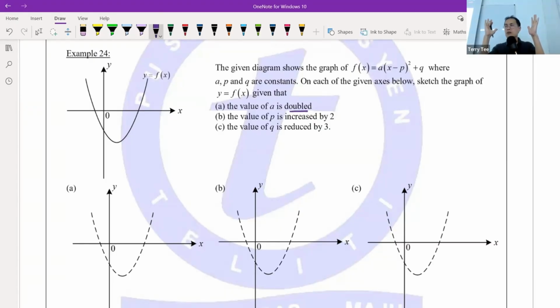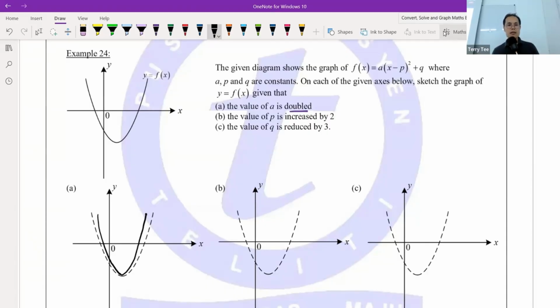When you double it, what happens? Maybe originally your a is 2. Double it becomes 4, right? So basically, the graph becomes sharper. Now it's up to you how you want to draw all this. We say the width decreases.